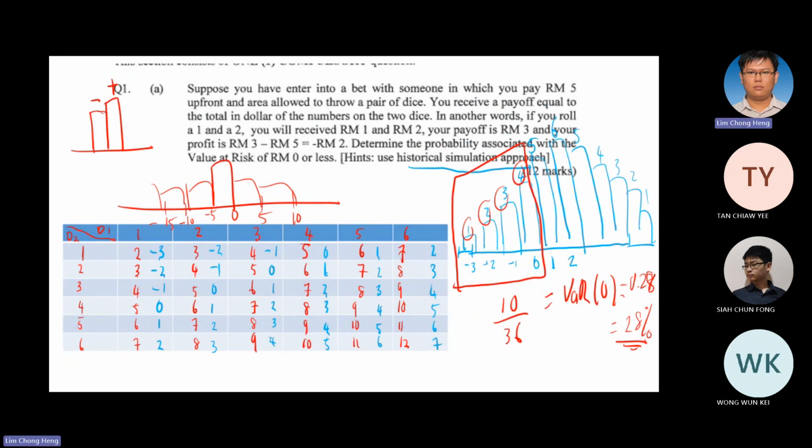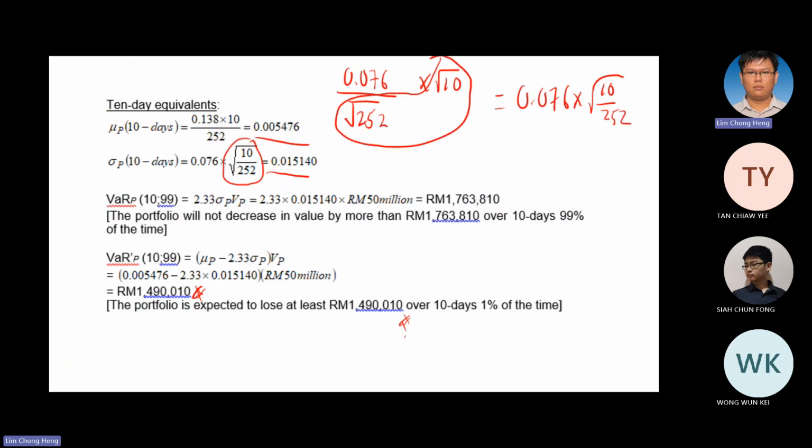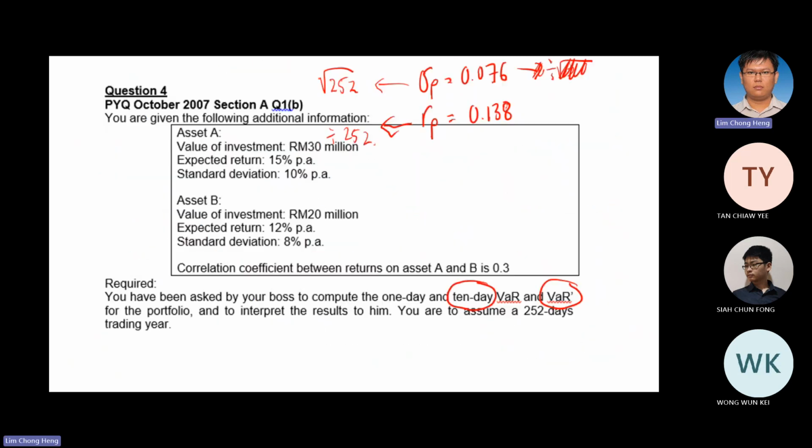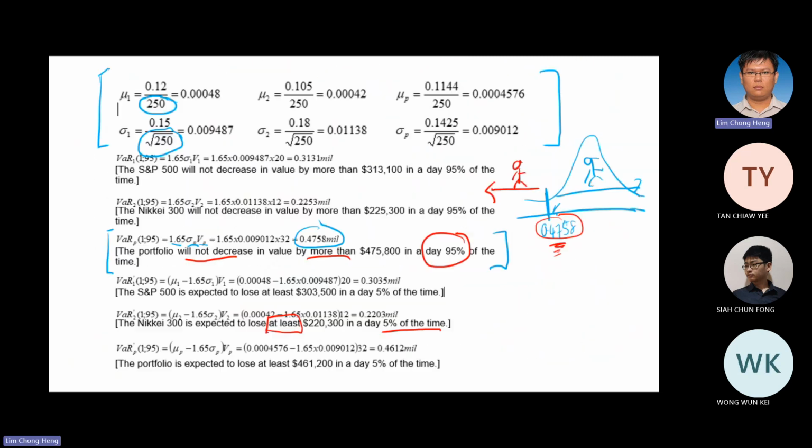For this kind of question, just only test your careless mistake only. Just like for this question, I sure majority of you just ignore the mean return here, or you forgot to convert to the daily. Okay, this is the common mistake made by your senior.